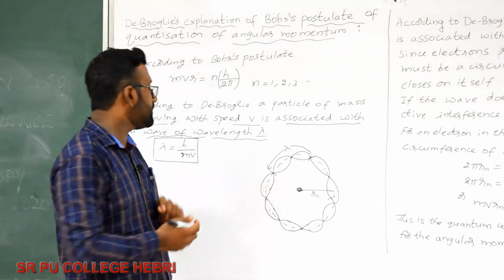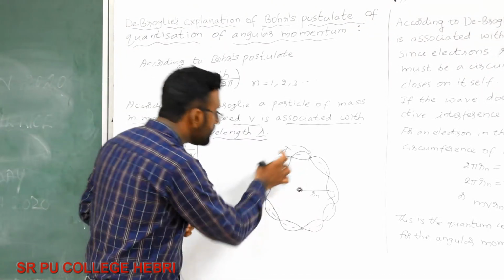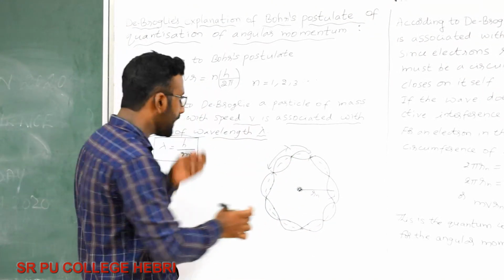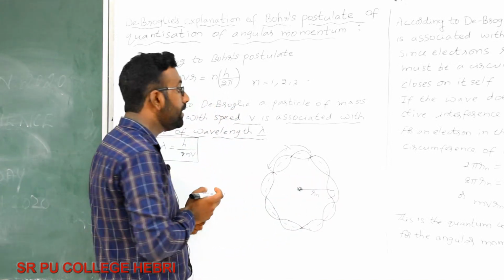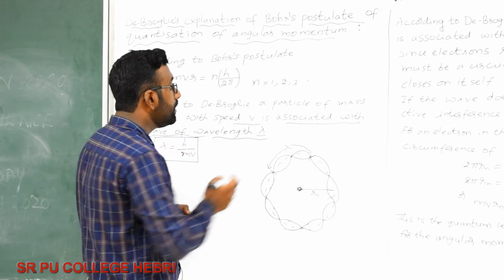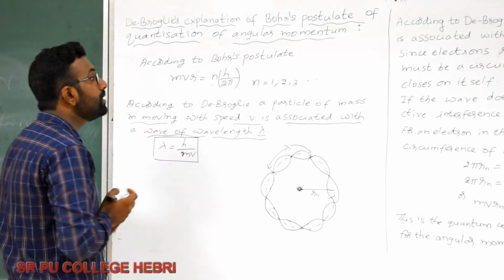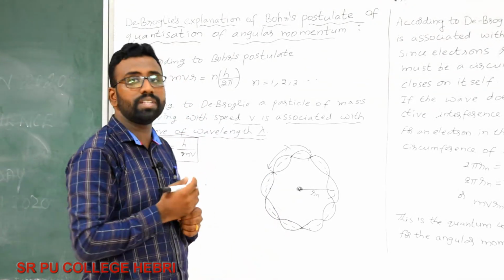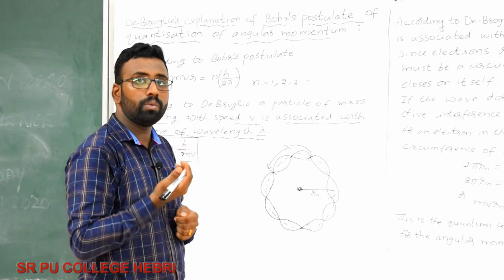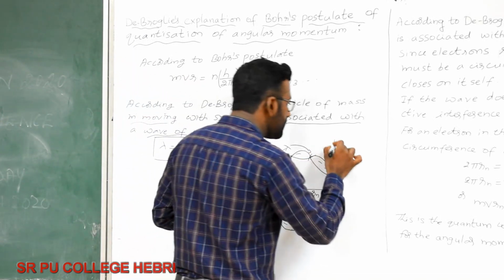Now you can see in this diagram, okay, so this is the actual orbit. When electrons revolve around this orbit, according to de Broglie, you will have a stationary wave, okay. So this stationary wave you have already seen in first PU, okay. What is a stationary wave? A wave which is not moving.